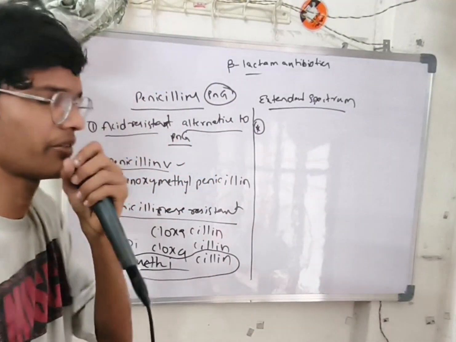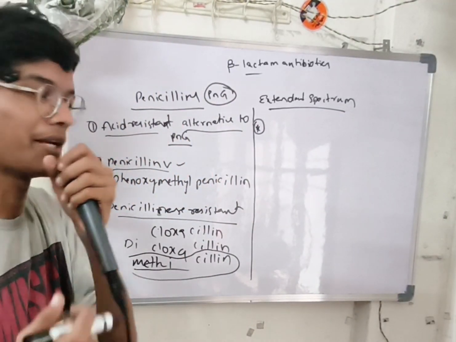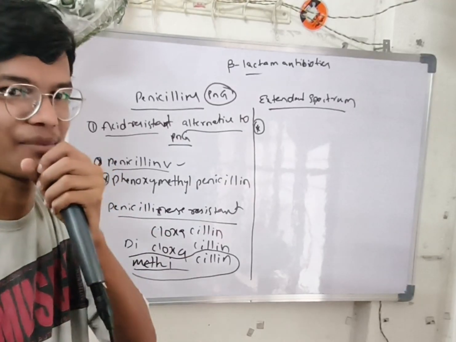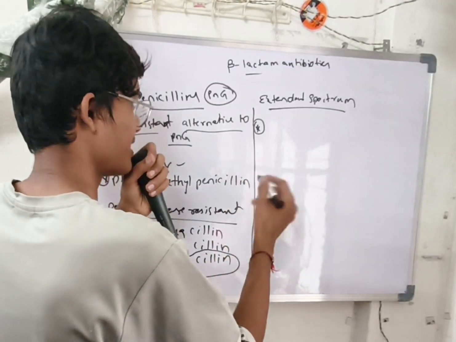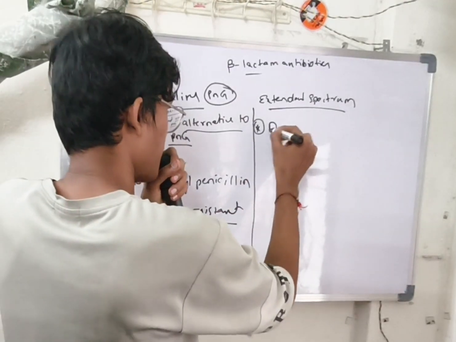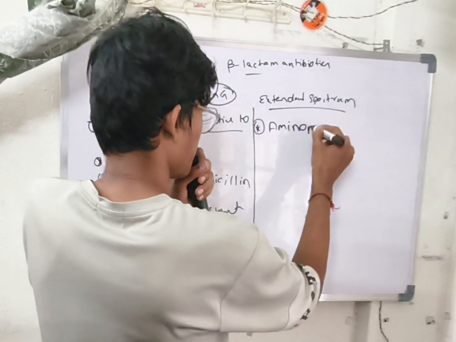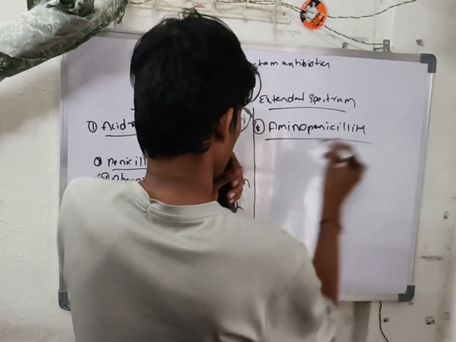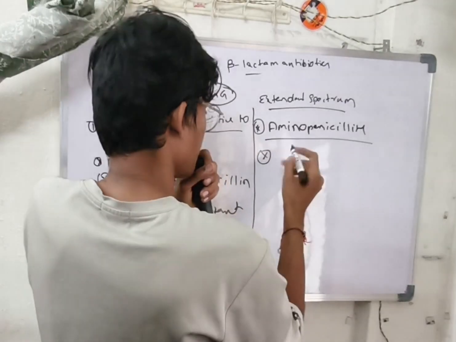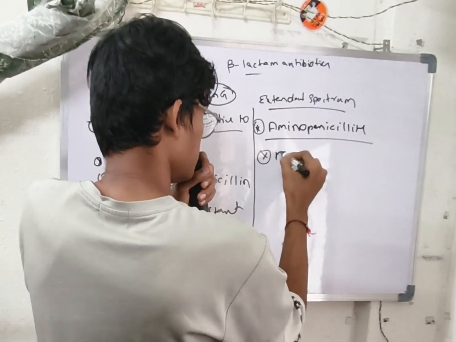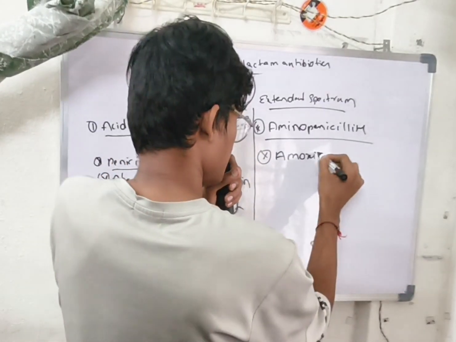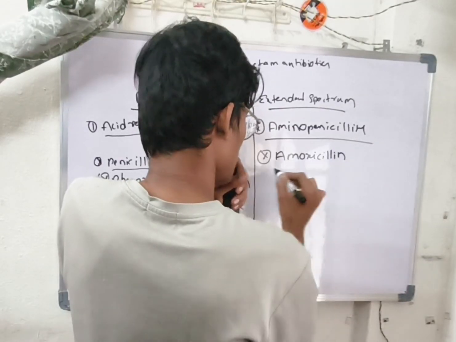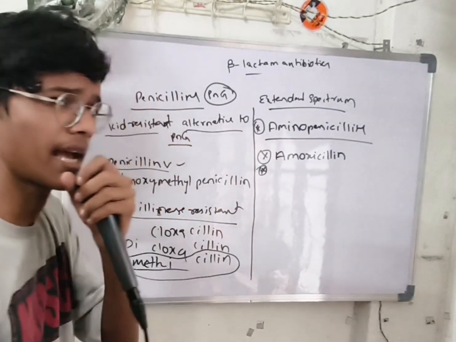The most favorite drug of ours, which we write for most of the answers in microbiology, is amoxicillin. Amoxicillin comes under aminopenicillins. In the aminopenicillins we have amoxicillin, and if you write amoxicillin, you can also write ampicillin.